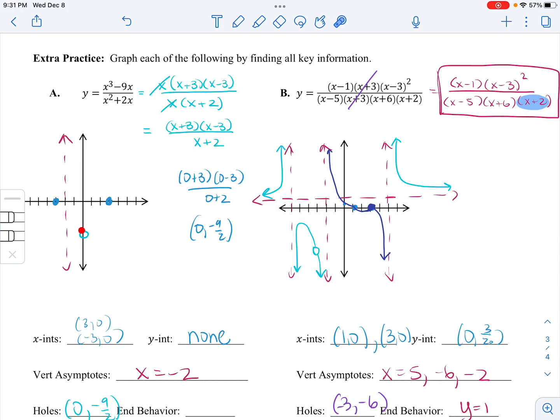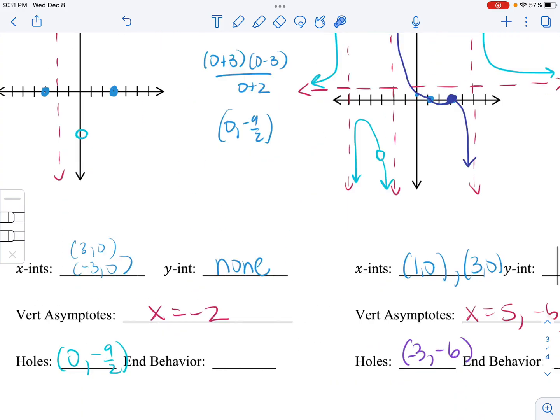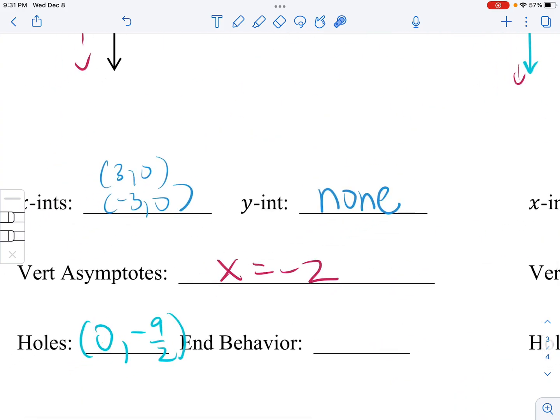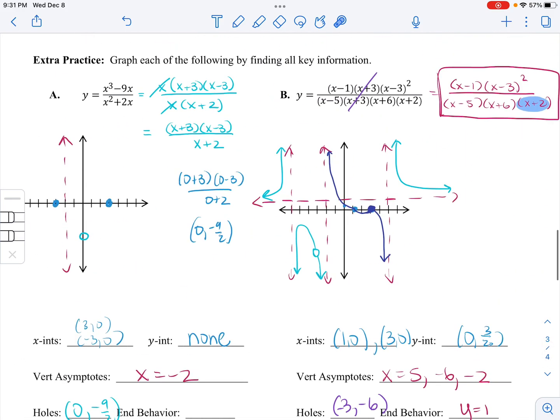We just have this invisible dot where the y-intercept should be. In theory, this is where the y-intercept should be. That's the location of it. But it doesn't really truly exist there. And there's no other y-intercept. If I put a y-intercept up here, it would fail the vertical line test, right? So you can only have one y-intercept, and unfortunately, we're not allowed to plug 0 in because that came from the hole.